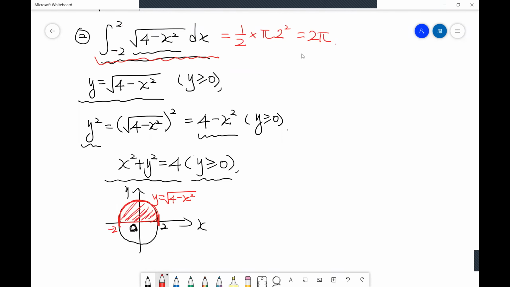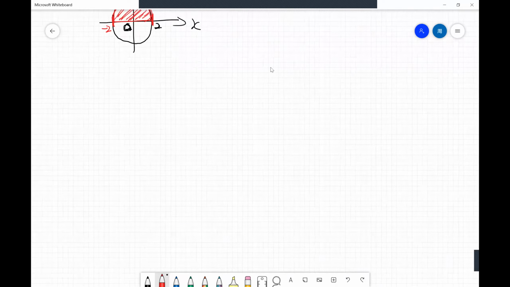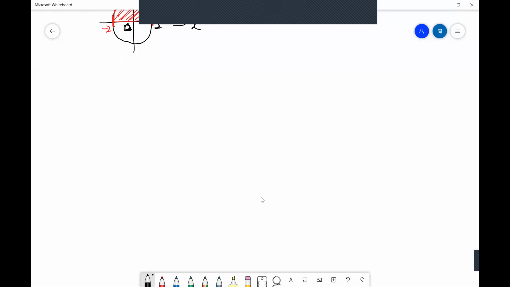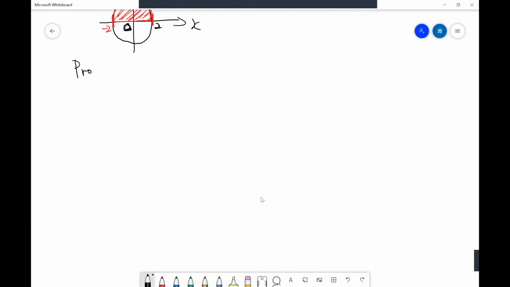So here is the definition of definite integral. And then we will learn the properties of the definite integral, and that is easy to understand. So the last part is the properties of definite integral.